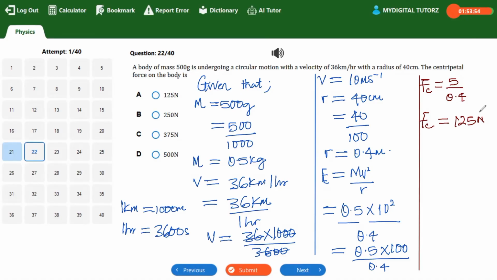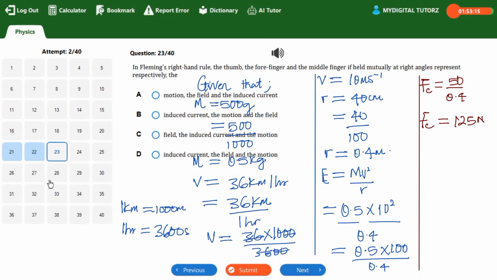Okay, it's supposed to be 50, sorry. It's 50 divided by 0.4, and that will give us 125 Newton. The answer is still correct. So that is about question 22.